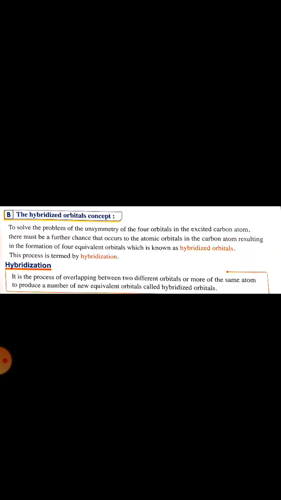But what about the hybridization or the hybridized orbitals concept? Look, hybridization is the process of overlapping between two or more different orbitals of the same atom, not between different atoms, to produce a number of new equivalent orbitals called hybridized orbitals.